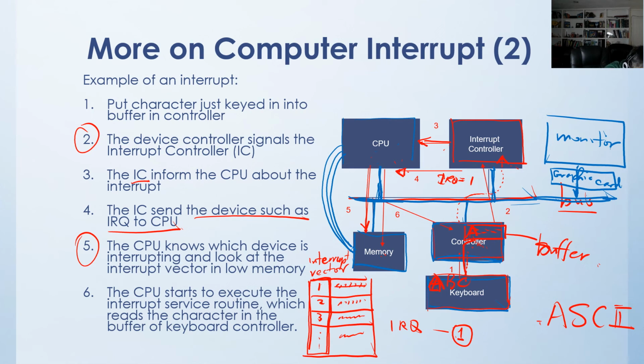So the IRQ is 1, so in the interrupt table, the CPU looks at the table and finds the corresponding memory address. Then this memory address is loaded into the CPU. So the CPU starts to look at the address. This address points to the interrupt service routine for the keyboard.